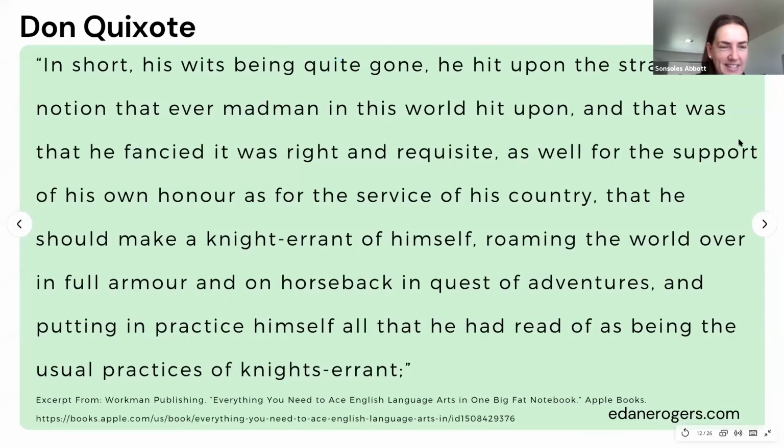Don Quixote is a madman. Exactly. He fancied it was right and requisite, for the support of his own honor and the service of his country, to be the knight errant of himself.